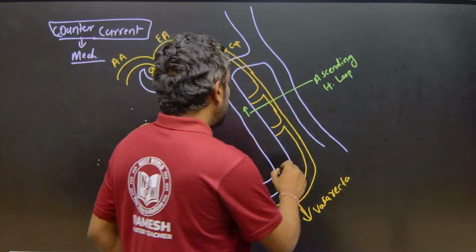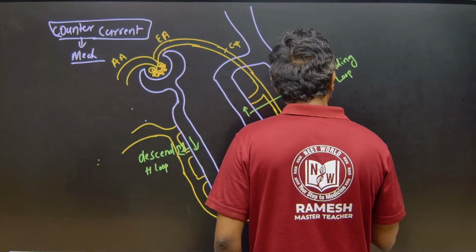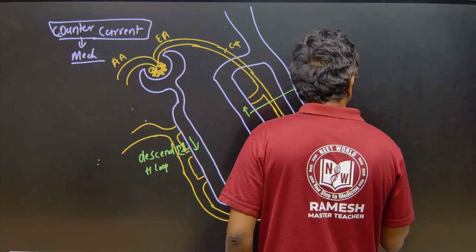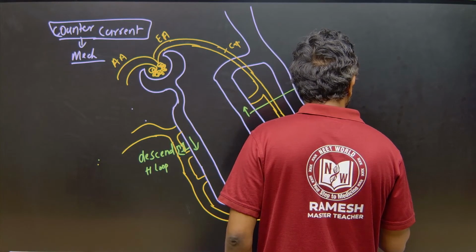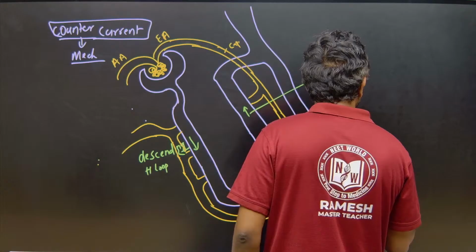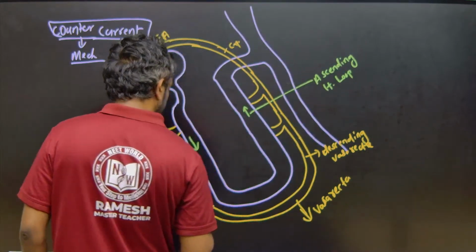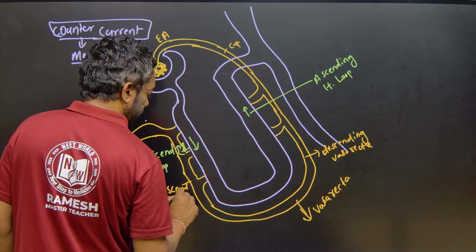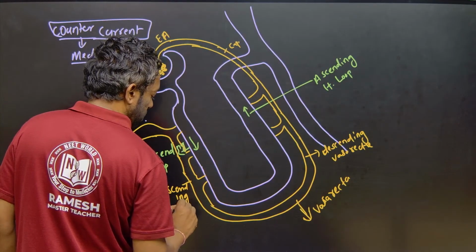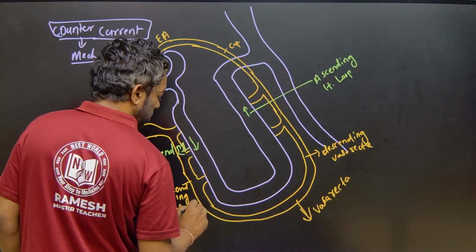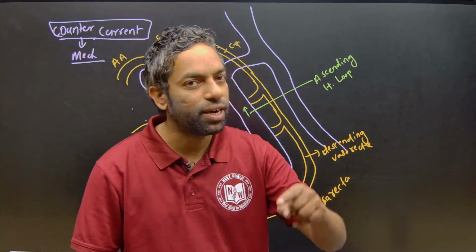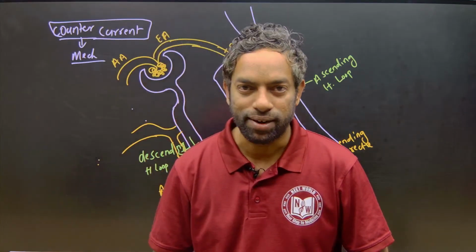This is the descending Vasa recta, and this is the ascending Vasa recta. So between the ascending and descending Vasa recta there is also a counter current.